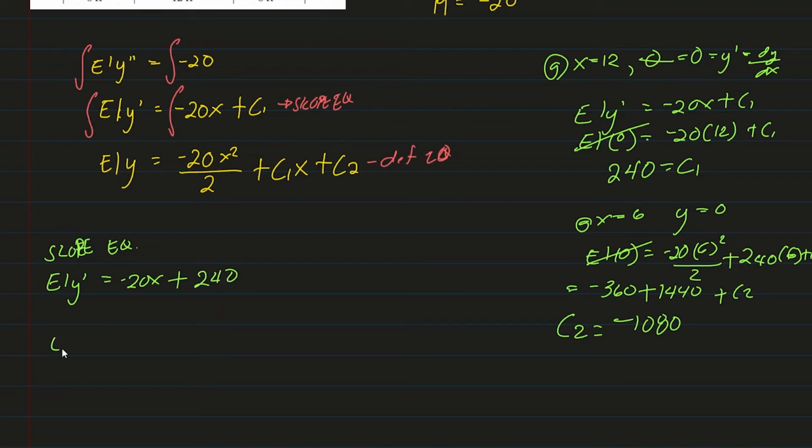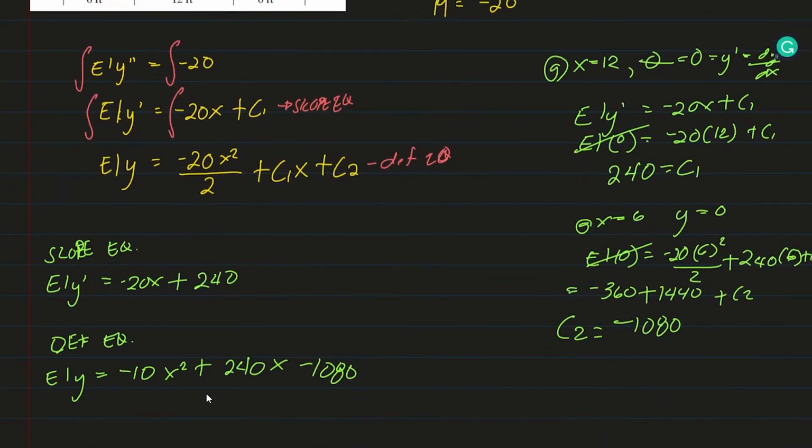Okay, so deflection equation would be EIy is equal to, ito, simplify na natin, 20 divided by 2 is 10. Negative 10x squared plus C1. Ang C1 natin is 240. 240x, meron tayong x doon, okay? Plus C2. Ano yung C2 natin? Negative 1080. Ayan. So, this is the slope equation and the deflection equation.